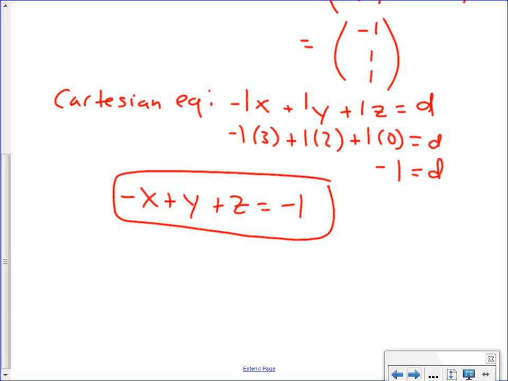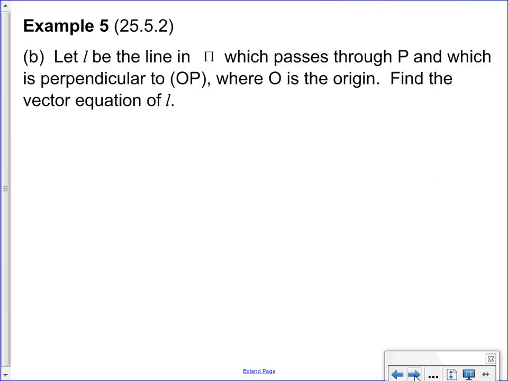Moving forward, last one. Here we go. Let L be the line in capital Pi, which passes through P, which is perpendicular to OP, where O is the origin. Find the vector equation of L. We do need OP, because now it's got OP.